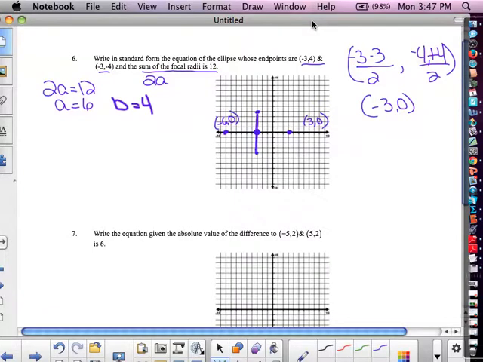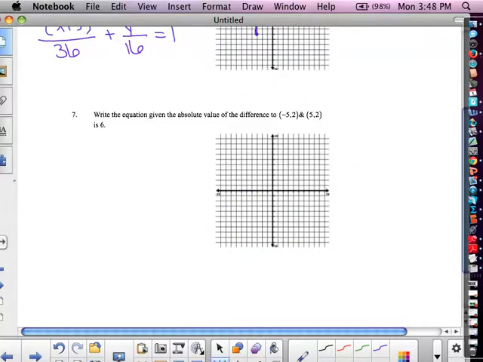So I have the center, I have the length of b, and I have the length of a. So I have (x plus 3) squared over, remember its principal axis is parallel to the x-axis. That means the larger value is under the x squared. That's going to be 36, plus y squared over b squared, which is 16, equals 1.